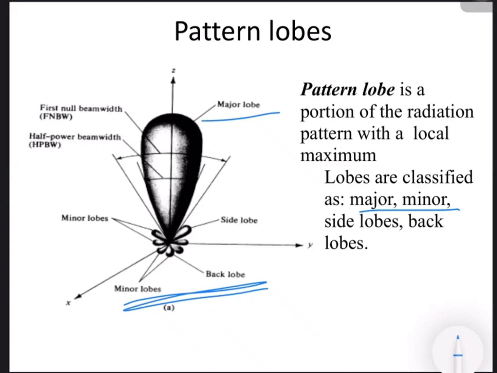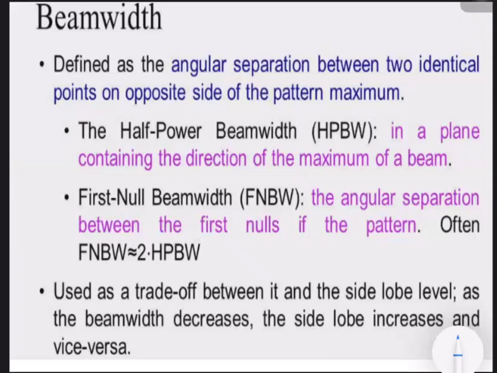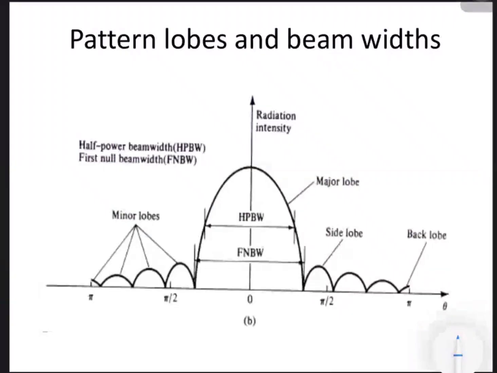This is the major lobe and the side lobes. So pattern lobes and beamwidth, where half power beamwidth and null beamwidth can be calculated by the use of the radiation pattern. So this is all about the concept of radiation pattern in relevance to antenna.